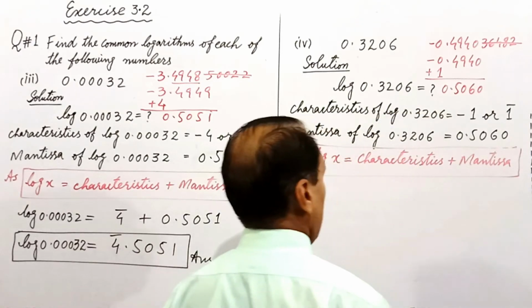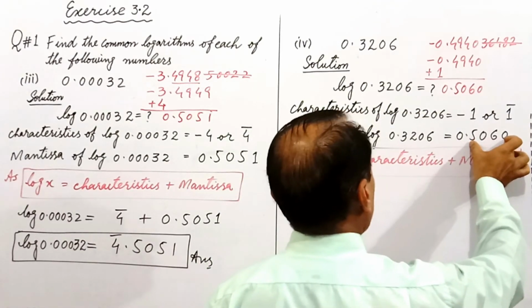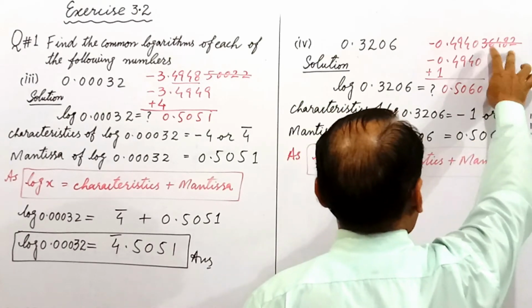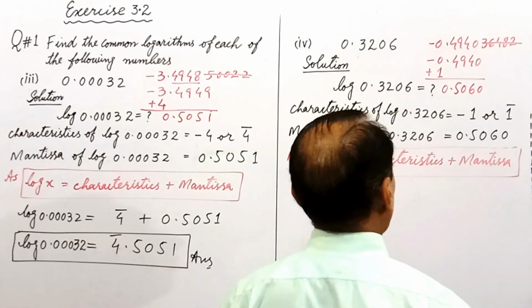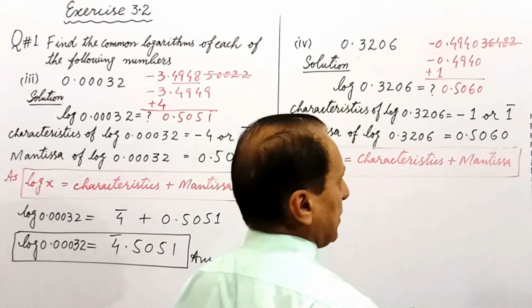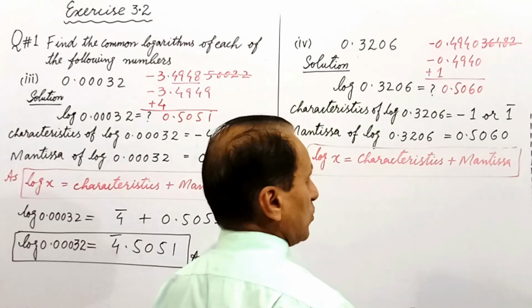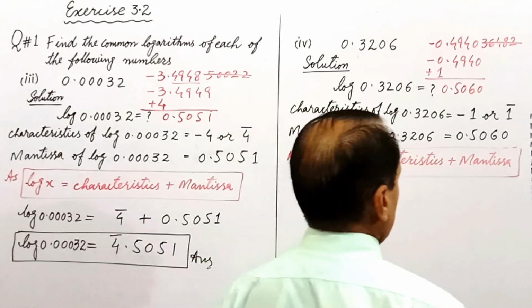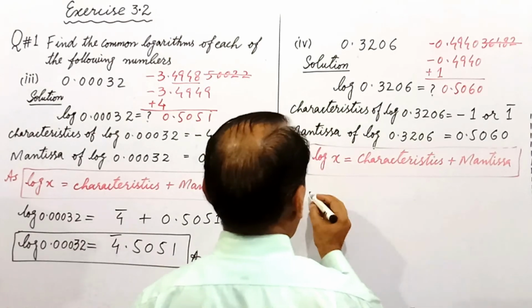When we check this value in the logarithm table, there is a little variation. The table gives 0.5059, which is acceptable. That is a very minor variation, so don't worry about that factor.